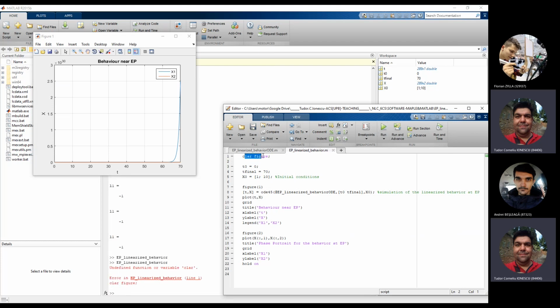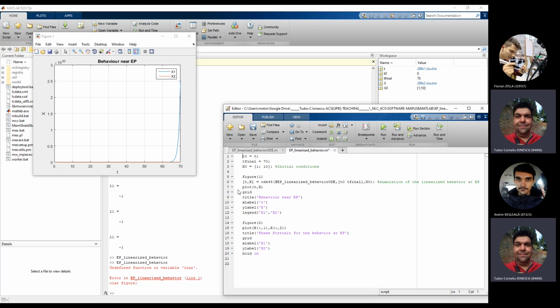No, CLF. You should remove hold on from the bottom. I should remove the hold on, but I actually wanted to see something using hold on. Yeah, but okay, right. Let's just comment on hold on. Fine. Okay, like that. You agree?